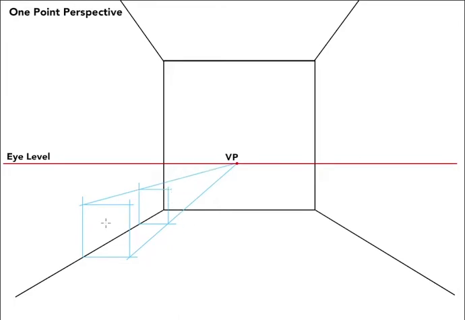Can you see this is the side panel of the cabinet that's nearer to you, and this is the one that's further away? So the last step is to join the corners together, and you'll see that the line that joins the corners will also go back to VP, as we have learned in the beginning, that all the angles of the furniture go back to VP.